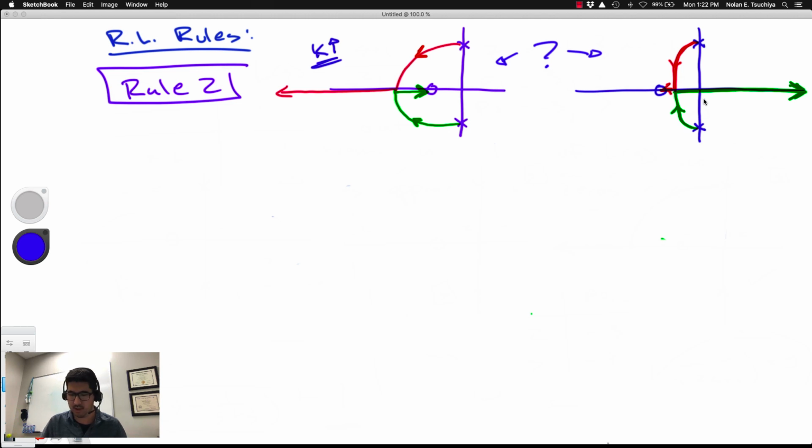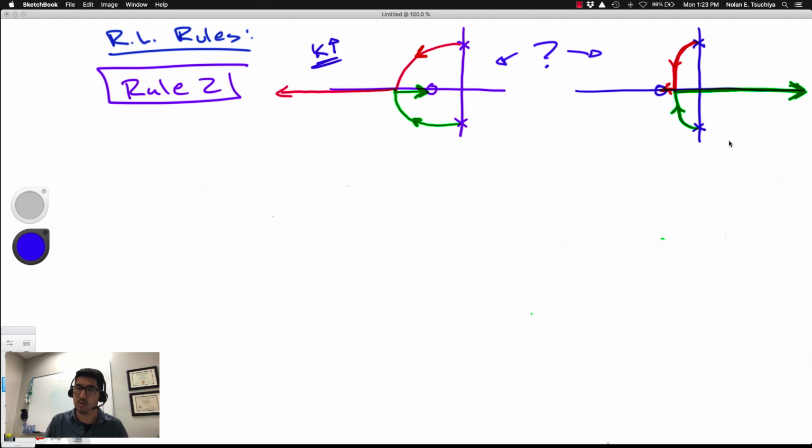Right? For some values of k, some systems do in fact go unstable. So the fact that a branch of the root locus exists in the right half plane is just a fact of life. It doesn't mean that it's somehow invalid. It just means that you need to be careful because for some critical values of k, you will actually destabilize the system. Okay, so these are both valid according to rule 0 and rule 1.